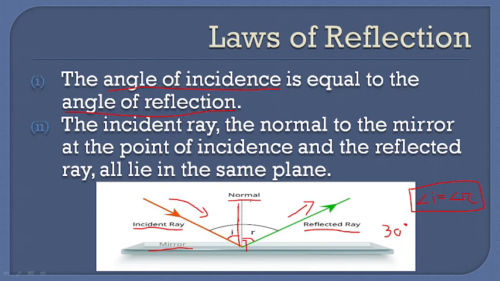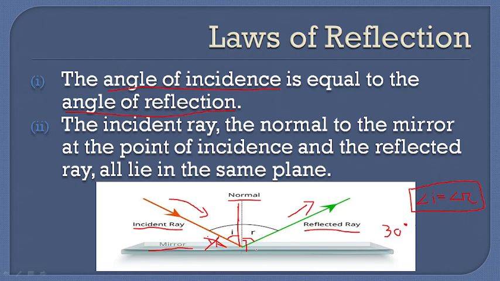Always measure the angle with the normal, not with the base. This angle is not the angle of incidence; the angle is always made with the normal, not with the mirror.